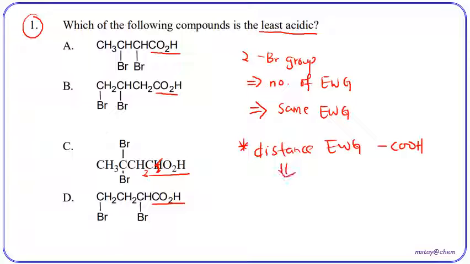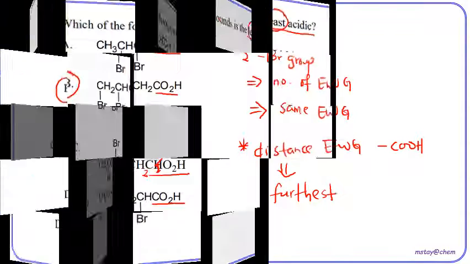We want to look for the least acidic, so the distance of the EWG should be the furthest. So the answer will be B, which is the furthest from the carboxyl group.